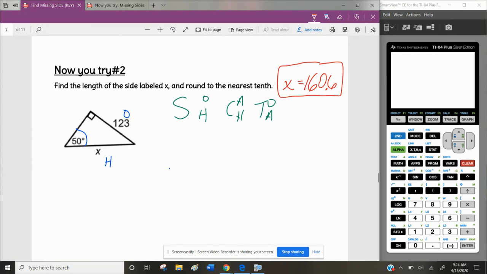All right, question number 2, you should have gotten 160.6. In the picture, they gave you the opposite and the hypotenuse, which is our sine ratio. So sine of your angle equals the ratio of the opposite, which is 123, over our hypotenuse, which we do not know.